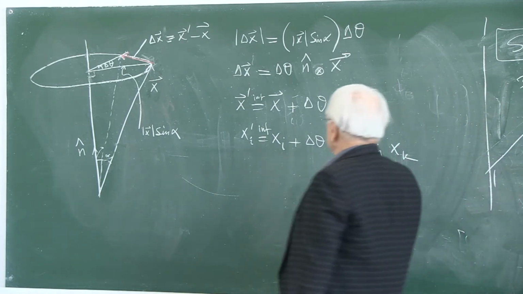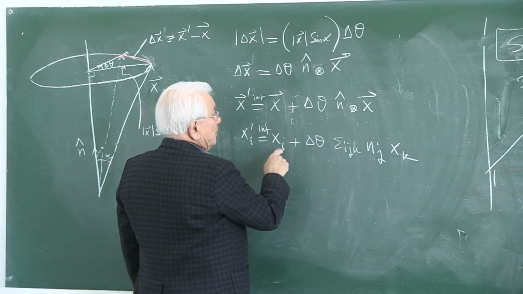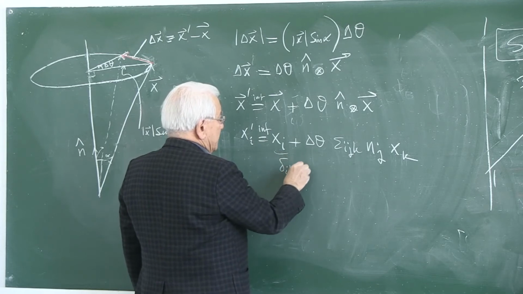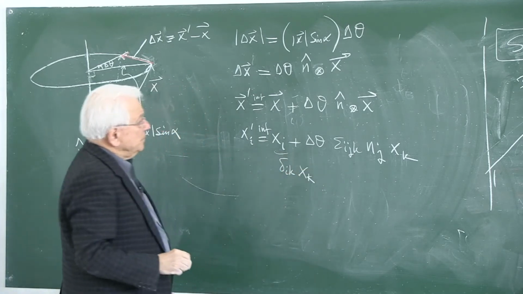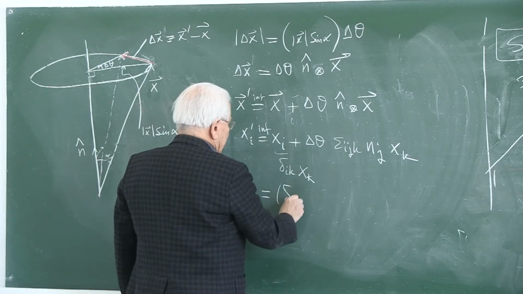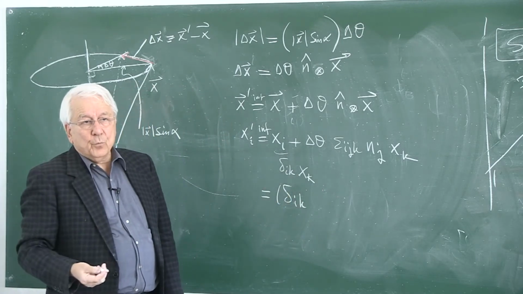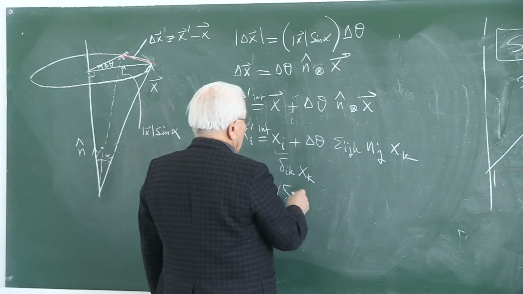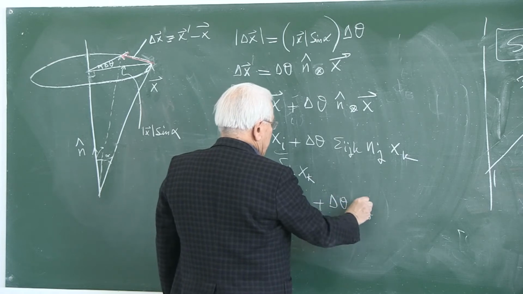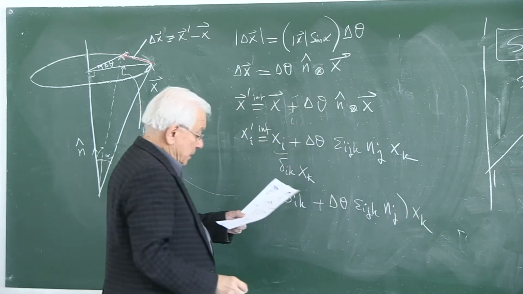Let me use the following notation. Let me write this using the delta_ik x_k notation. Then it becomes delta_ik, sum over repeated indices is always understood. There is no point in repeating it 1,000 times. Delta_ik plus delta theta epsilon_ijk n_j, x_k, correct?